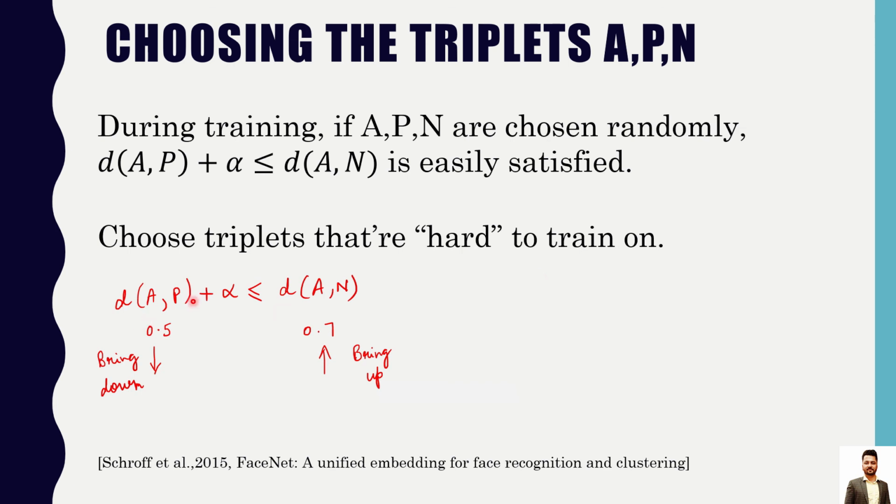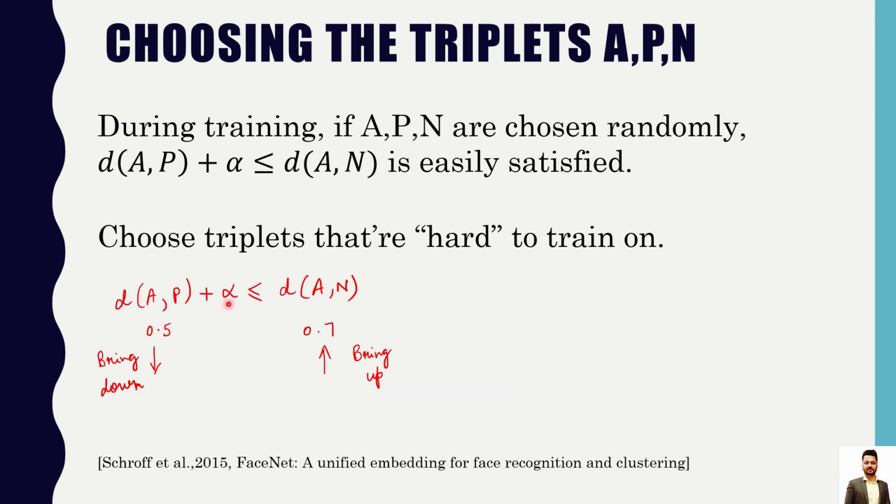So let's say that the distance between A and P is 0.5 and the distance between A and N is 0.7. You know that the difference is 0.2. Still we will try to bring this 0.5 down, let's say to 0.4 or 0.3, and we will push this 0.7 to 0.8 or 0.9. That can only be done if alpha is a good value. This alpha, the margin, has to be at least maybe 0.25.